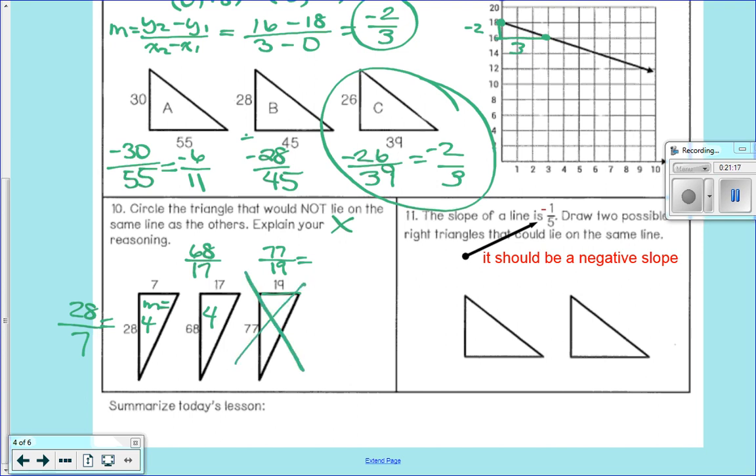Did you do that? Okay, did anybody attempt number 11? So answers are going to be a little different. What'd you get? I did 2 for the rise, or negative 2 for the rise. Okay, but we're not going to put negative 2.